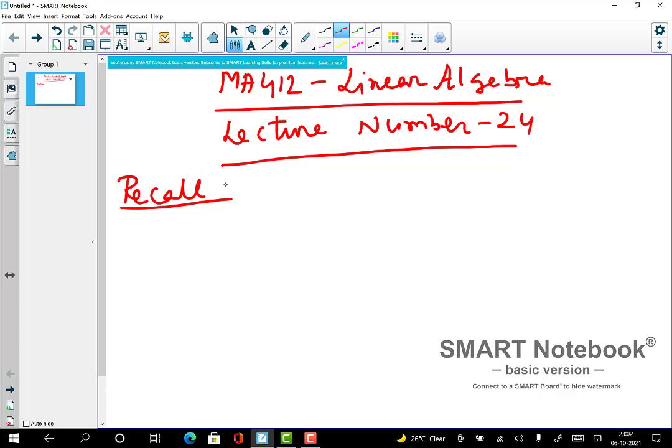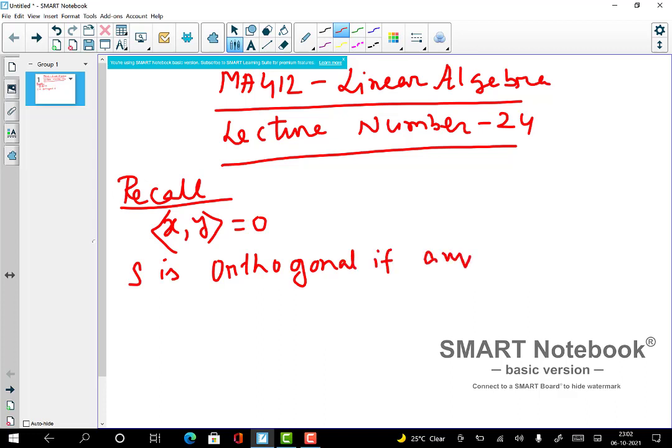We said two vectors are orthogonal if the inner product of these two is 0, and a set is orthogonal if any two distinct vectors are orthogonal.